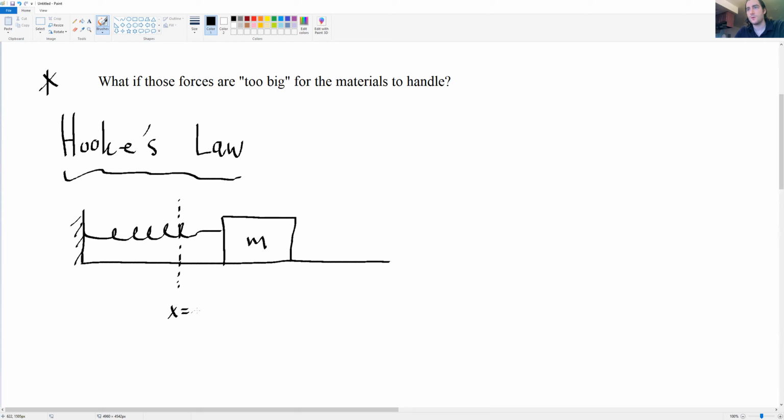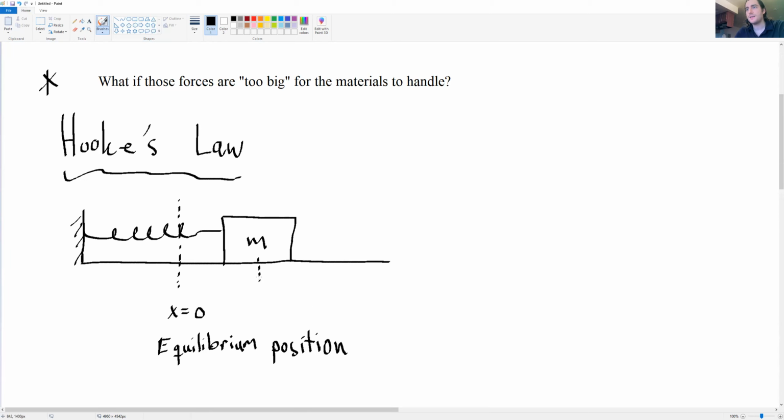This is x equals 0. Just to remind you, what does equilibrium mean? It means the sum of the forces equals 0, right? So there's no net force on this object at the equilibrium position.